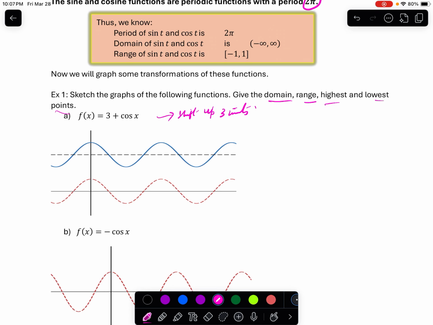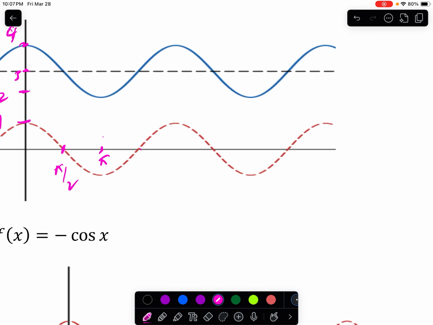3 units. So what I did is I have, this is 1, this is 2, and this is 3. And then this will be 4, and so on. Okay. This is my pi over 2. This is pi. And then this will be 3 pi over 2.